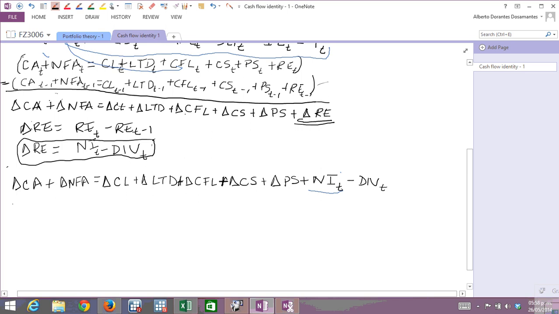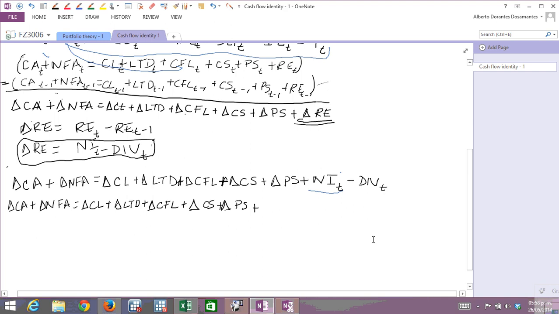I'm going to put now delta of current asset plus delta of net fixed asset is going to be equal to delta of current liability plus delta of long-term debt plus delta of current financial liability plus delta of common stock plus delta of preferred stock plus, now instead of putting net income, I'm going to put the whole formula of net income.